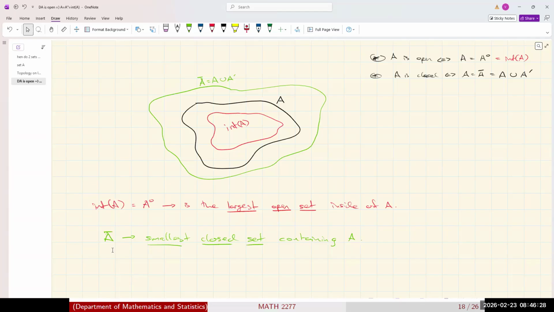And when you're dealing with closed sets, the intersection of any number of closed sets is a closed set.